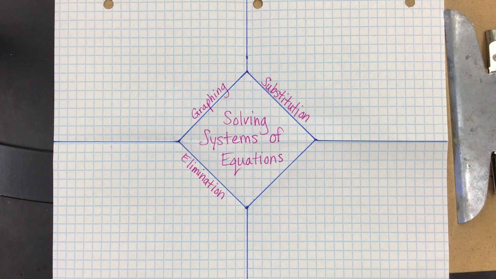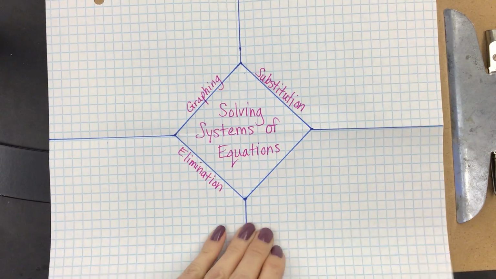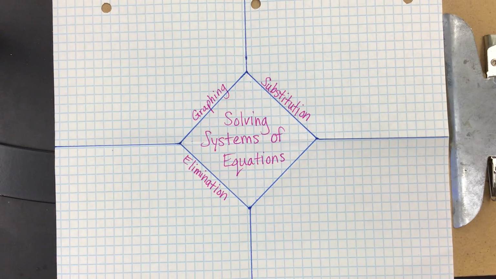Okay, I want to start in the graphing square, and I want to show you what equations would be appropriate for graphing. And actually, what did I do with my notes from last class? Here we go. All right. So graphing.